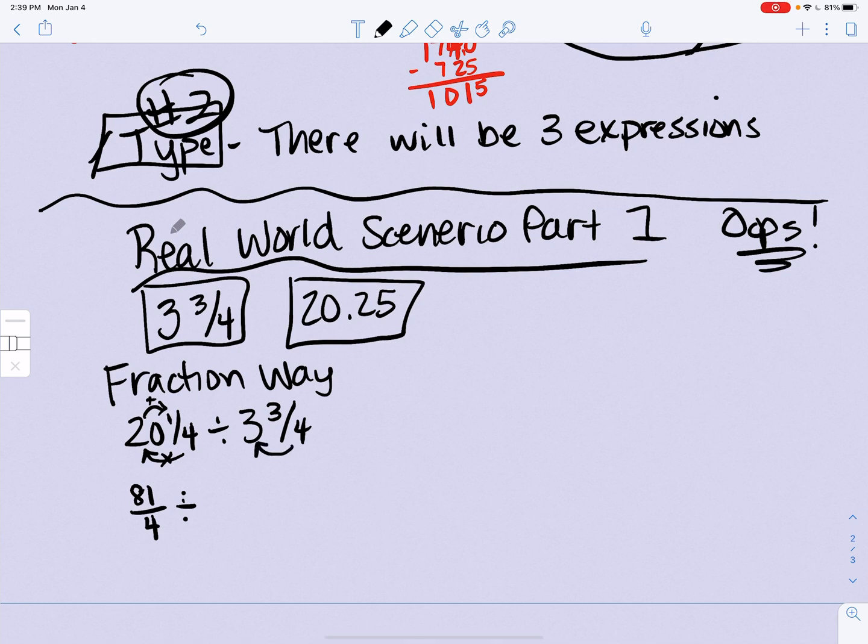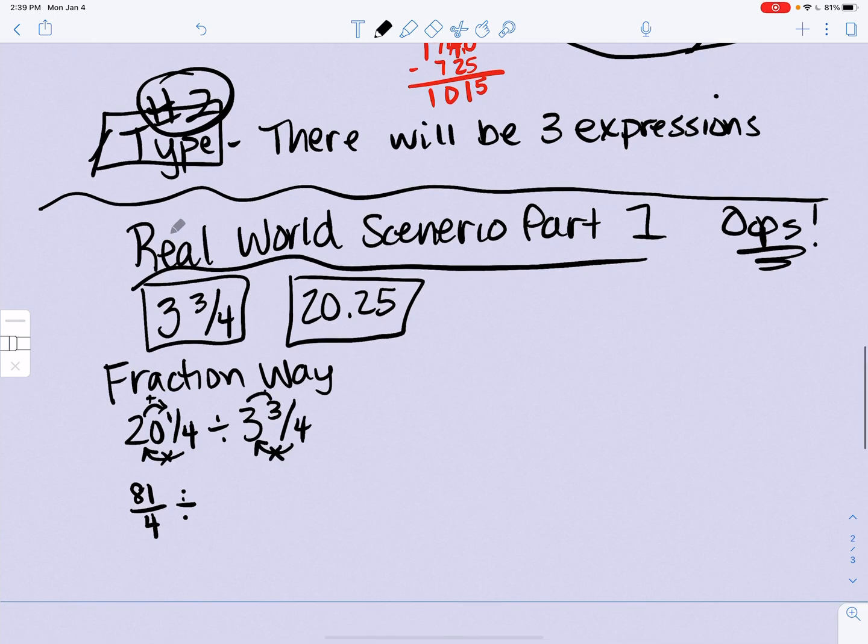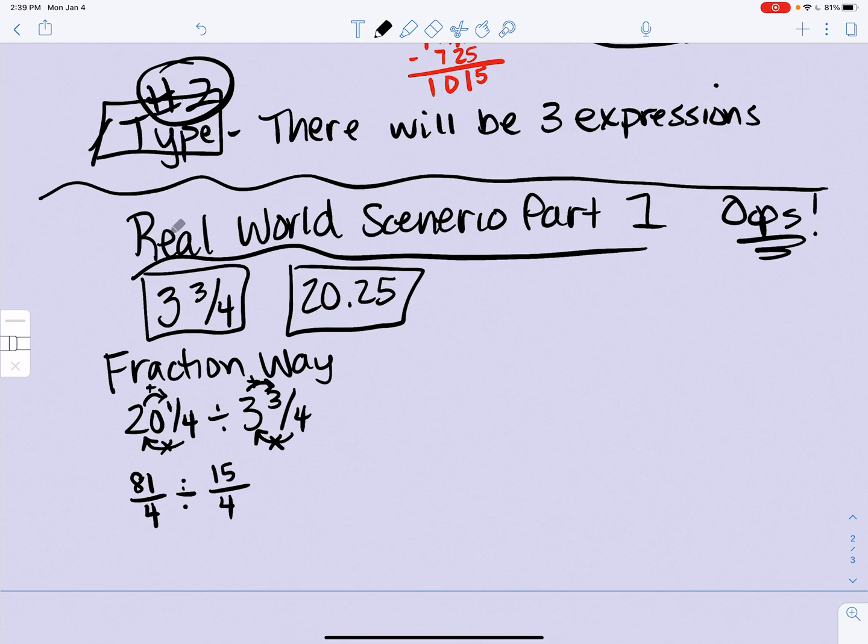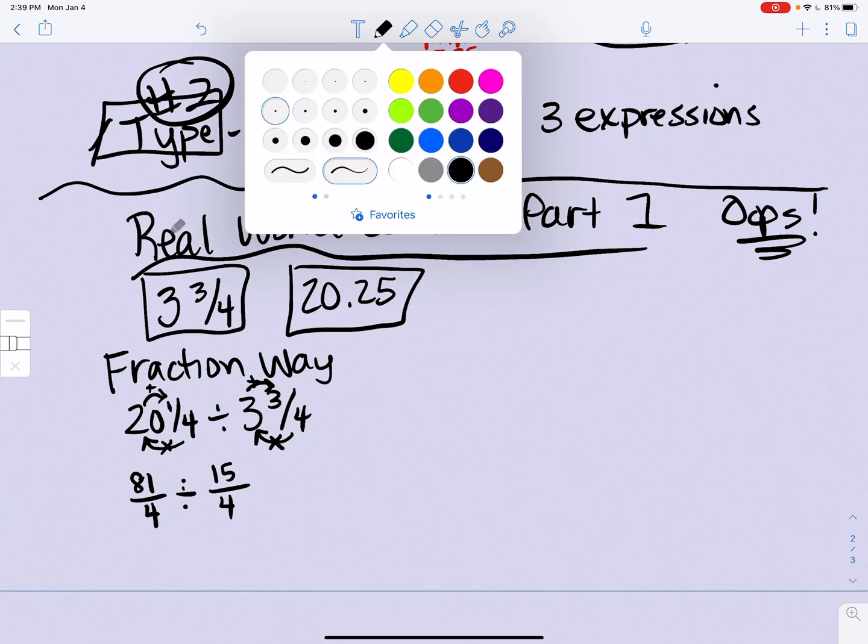We're going to go times, and then we're going to add. So 4 times 3 is 12, plus 3 is 15, all over 4. Now we have the same denominator, so we can multiply, or divide. But remember, division is we have to flip.